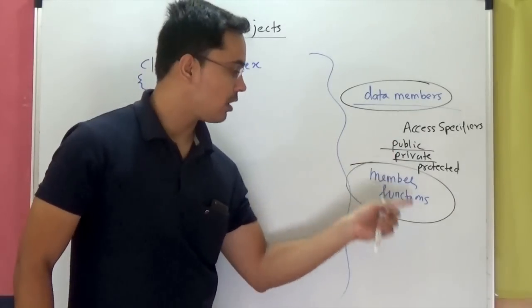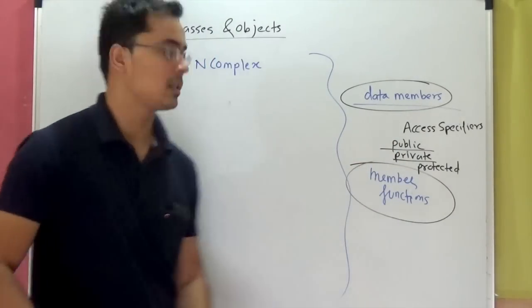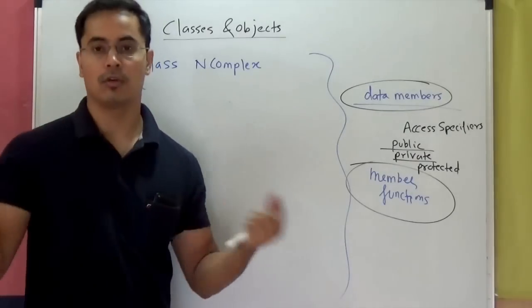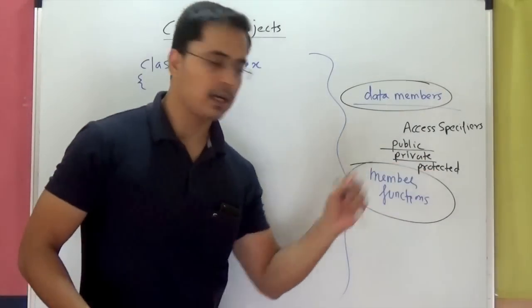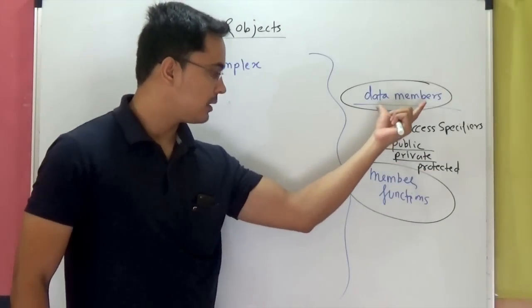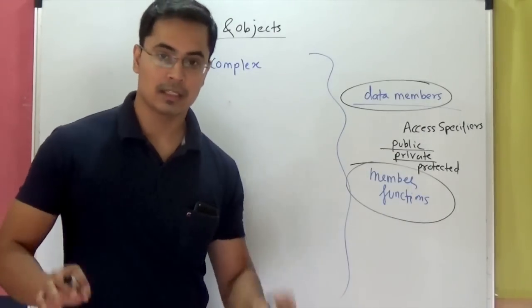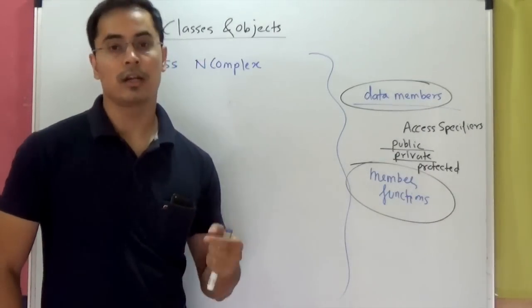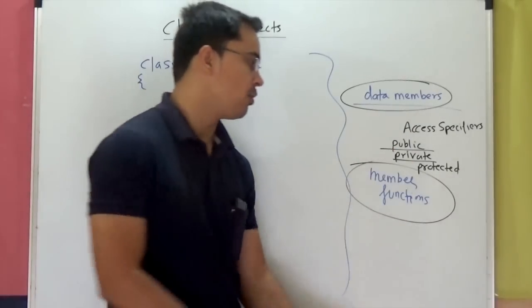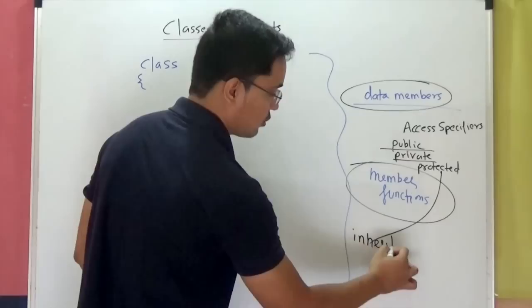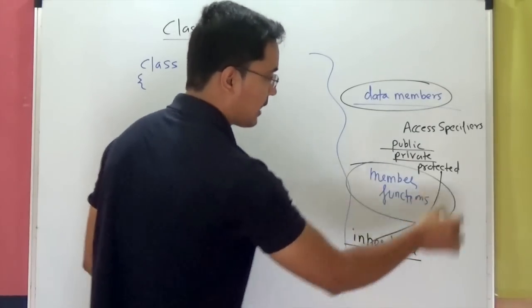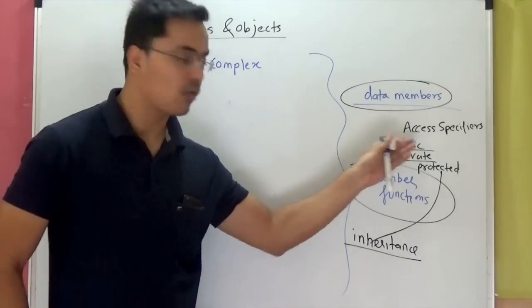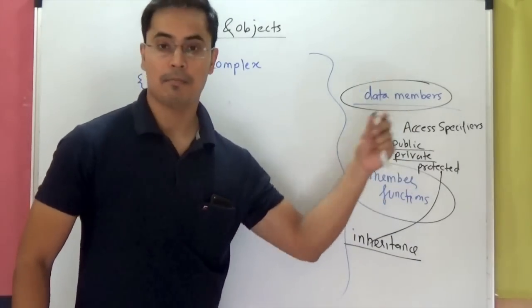Private data members or member functions are only accessible within your class boundary. You cannot access them from outside your class. Protected members are accessible within your class and by all the child classes. This is more related to inheritance, so when we study inheritance, we'll come back to the protected access specifier. But for now, let's focus our attention on public and private.